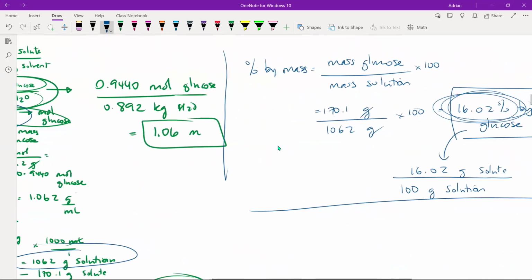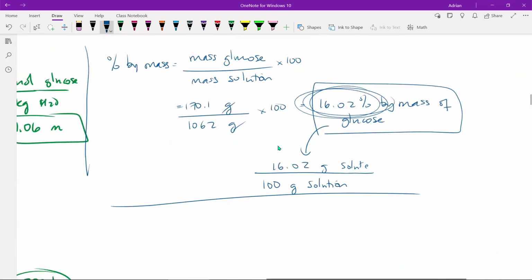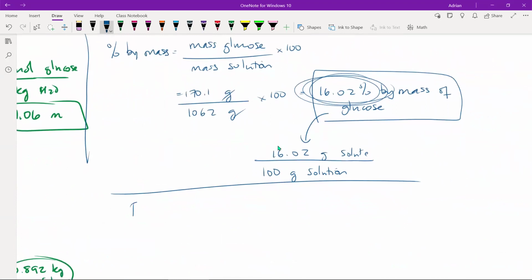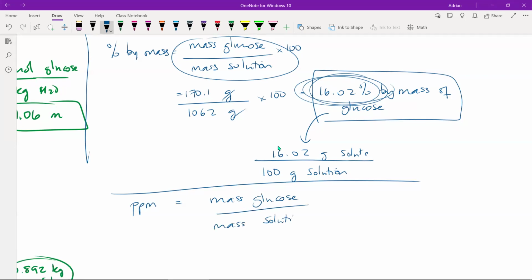Okay, so parts per million, very similar to the percentage by mass. So ppm, parts per million, would be the same initial part of this here, mass of the glucose, the solute, over the mass of the solution. Okay, and then for parts per million, we're going to times that by a million, 10 to the 6th. So we have again the 170.1 grams over the 1062 grams.